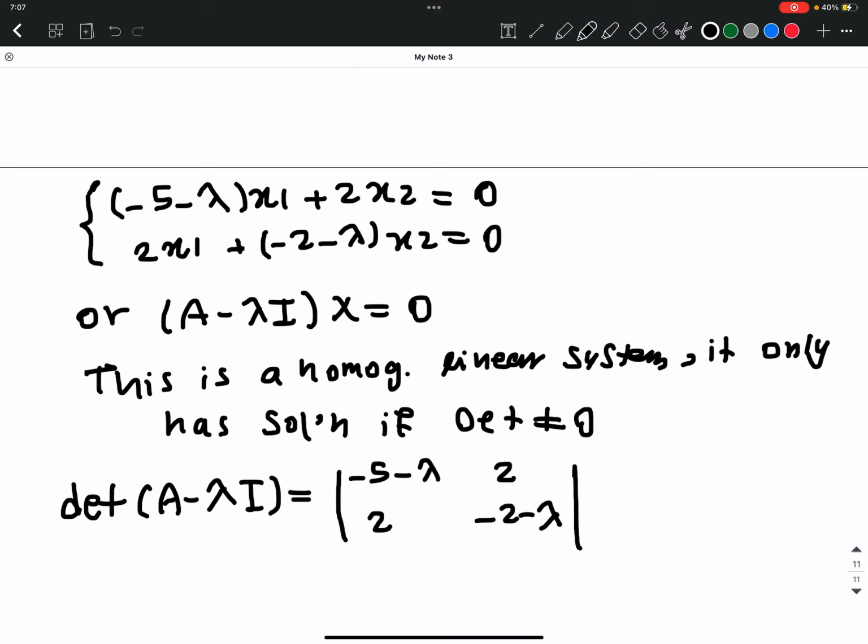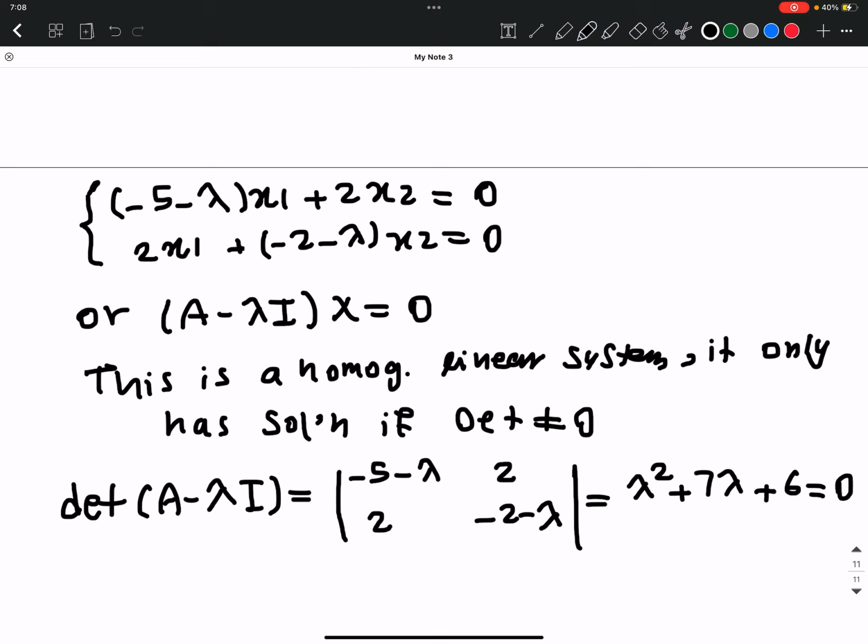What is the determinant? It's a simple 2 by 2 matrix, so the determinant is simply (-5 - lambda)(-2 - lambda) - 4. If you calculate it, you get lambda squared plus 7 lambda plus 6 equals 0.